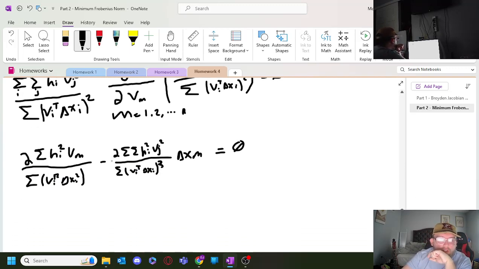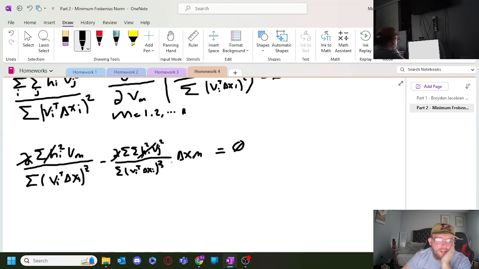So, what we notice first is you can get rid of that 2 right away. We also got the sum of h sub i in both terms, so we can take those out and get rid of them. Let me just rewrite this part right here, make it a little easier. We got v transposed delta xi squared.